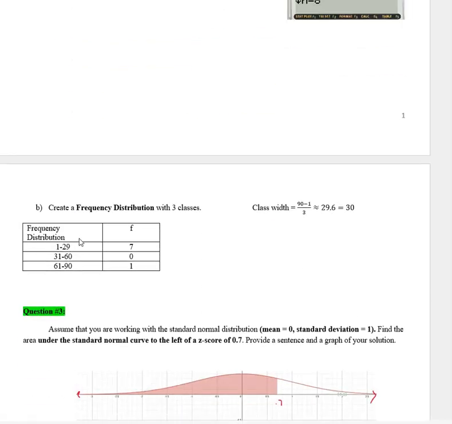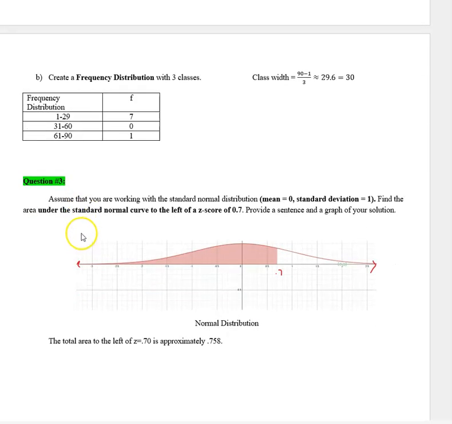Next, they wanted a frequency distribution with a total of 3 classes. The formula is max minus min divided by number of classes. I'm getting 29.6. You always round up. So this particular one is a little bit tricky because you're always rounding up. In this case, we rounded it to 30. And then from there, you look at the data set.